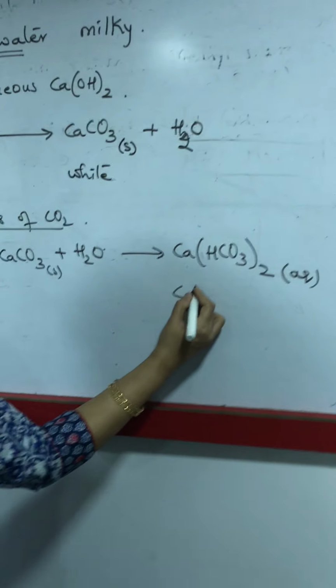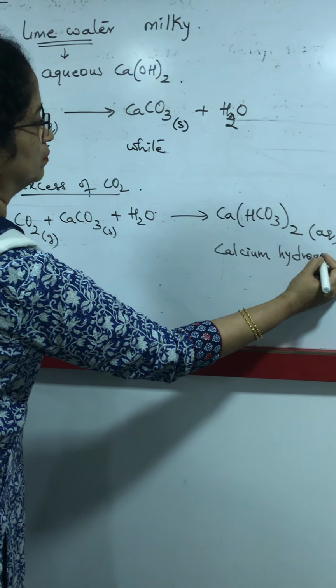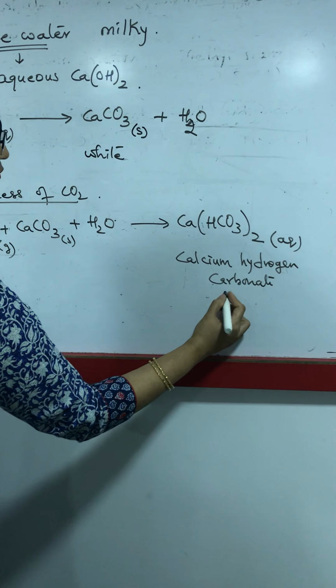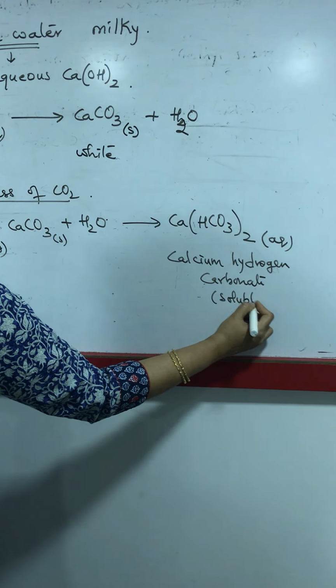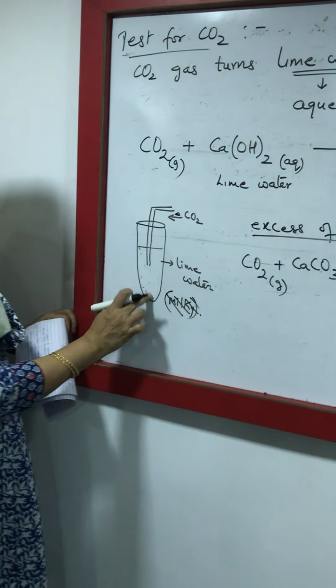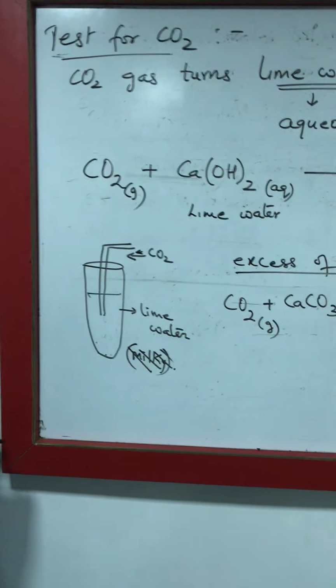Now calcium hydrogen carbonate is water soluble. It will dissolve in water, and therefore the milkiness will disappear and the solution will become transparent again.